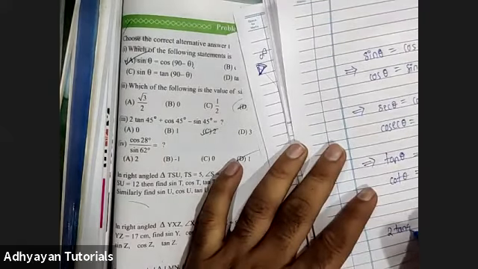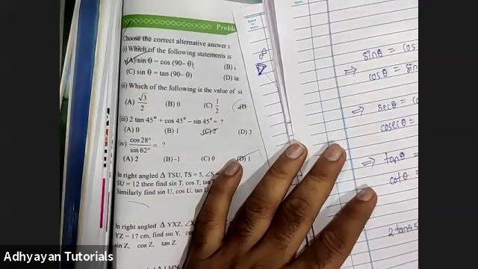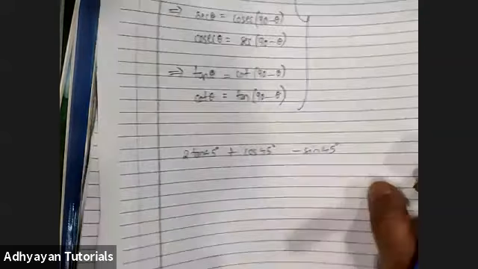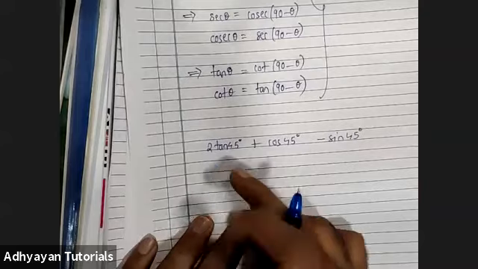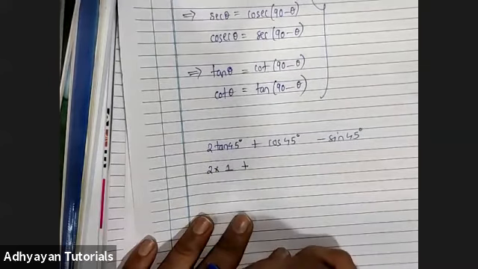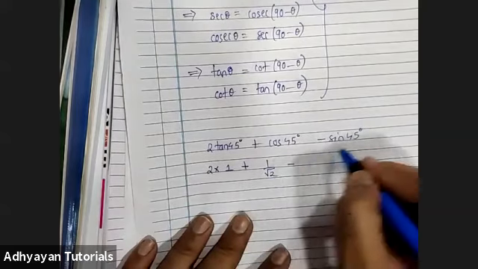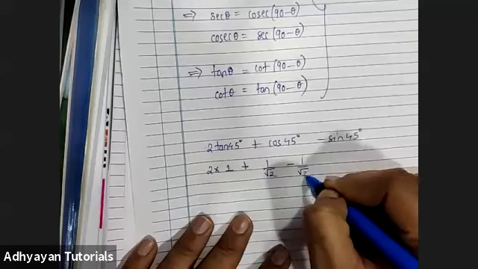2 tan 45 degree plus cos 45 degree minus sine 45 degree. So, children, let us find the value for this particular question. 2 into tan 45, the value for tan 45 is 1 from the table. Cos 45, the value is 1 upon root 2. Sin 45, again, the value is 1 upon root 2.